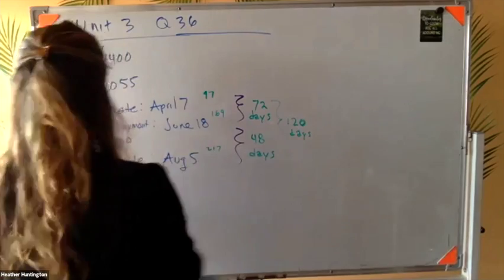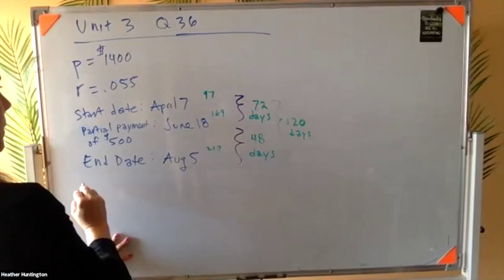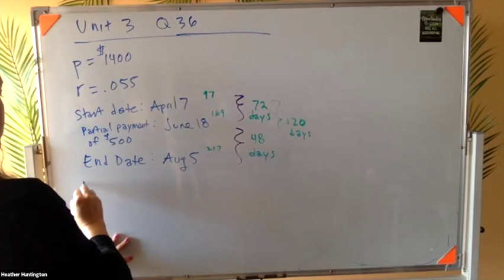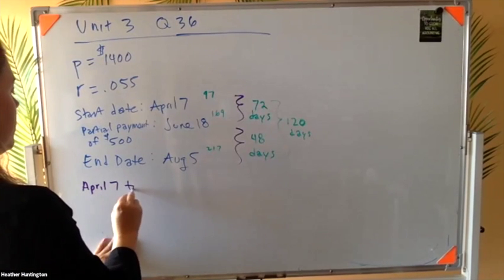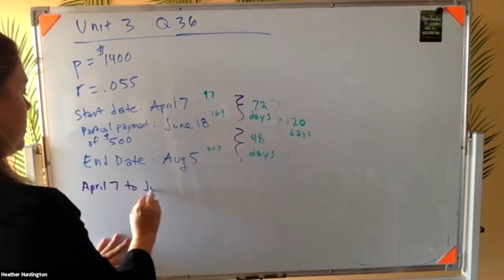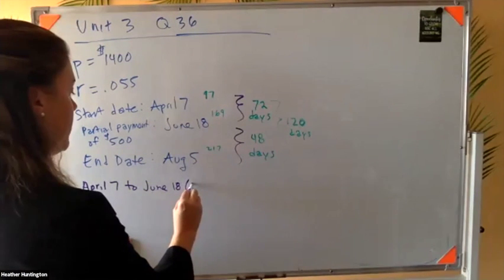Okay, so now we want to figure out the interest in each period. So from April 7 to June 18. So this is 72 days.